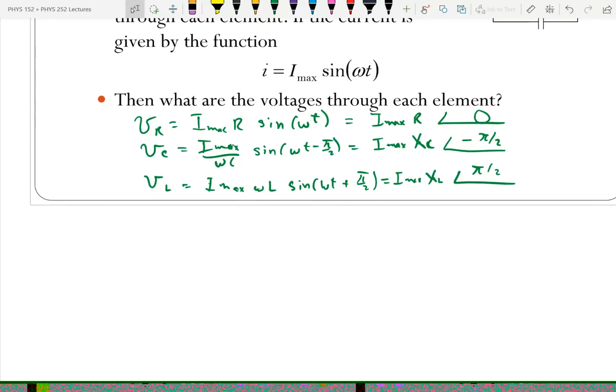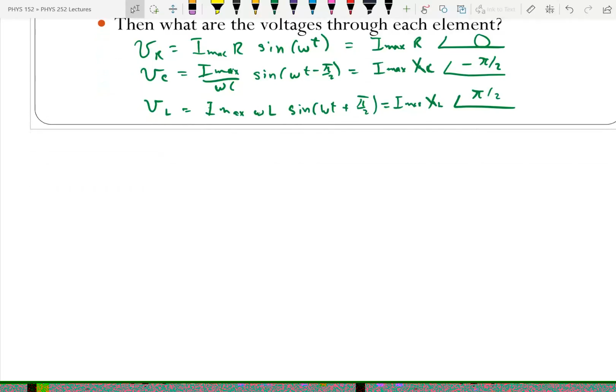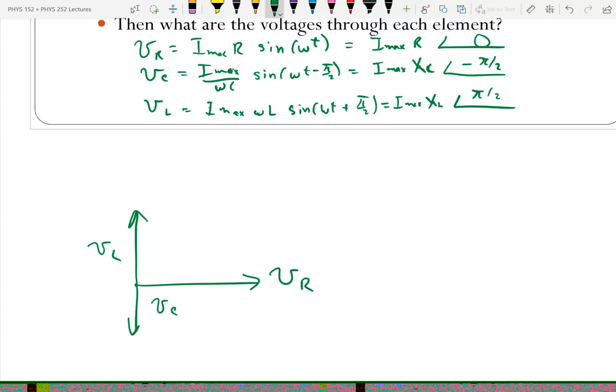So now if we combine the three, which is what we're going to do in lab today, then using that phasor idea, we have a voltage across the resistance like this, a voltage across the inductor like this, a voltage across the capacitor like this, and then the whole system is rotating.